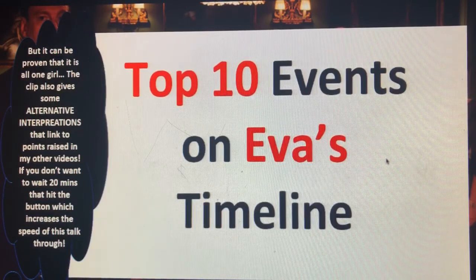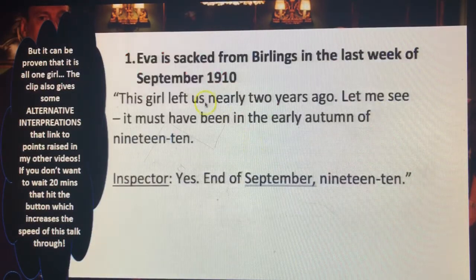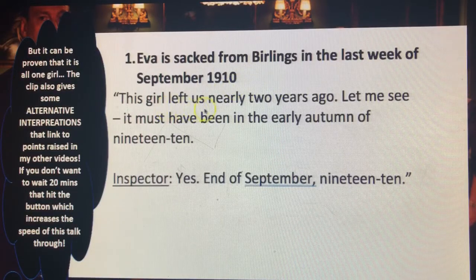So if we follow through Eva's history, we can see that it cannot have been loads of different girls unless some sort of miracle of coincidence is going on. So fact number 1, Eva is sacked from Birling's in the last week of September 1910. "This girl left us nearly 2 years ago," says Birling.